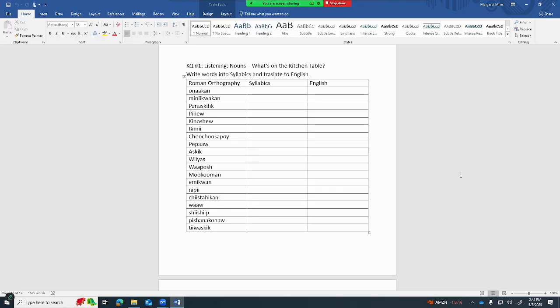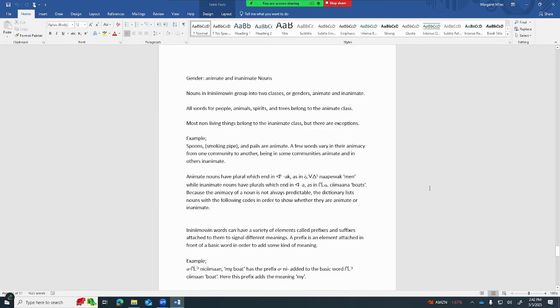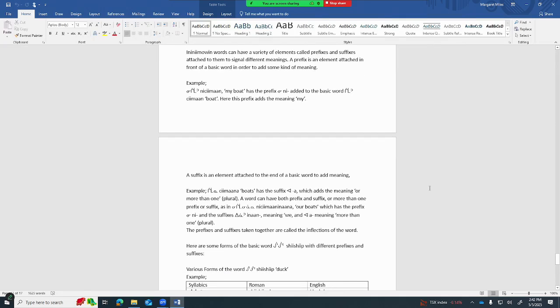For example, nijiman means my boat, and it has that n in front of it. N is added to the basic word jiman, and the meaning added is my.